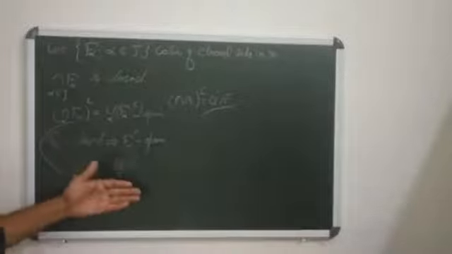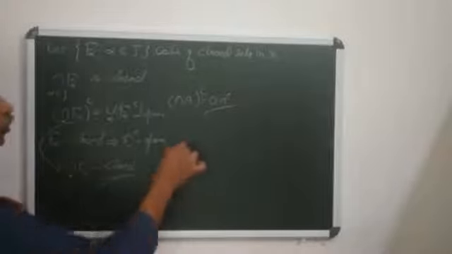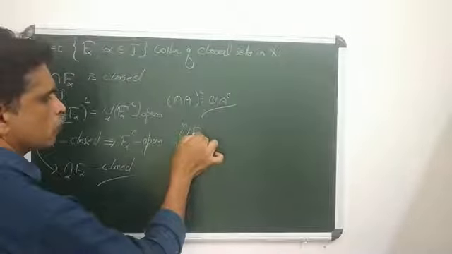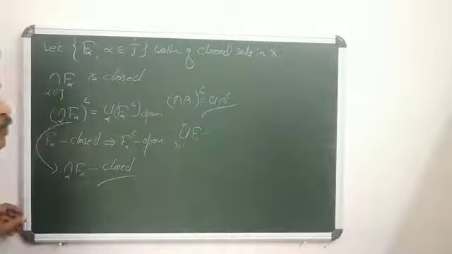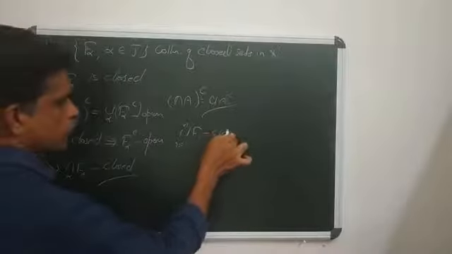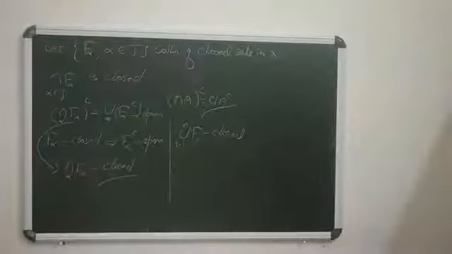So let F1, F2, up to Fn be a finite collection of closed sets in X. Now to show that the union of Fi, i ranges from 1 to n, is closed. So this is our requirement: the finite union of closed sets is closed.